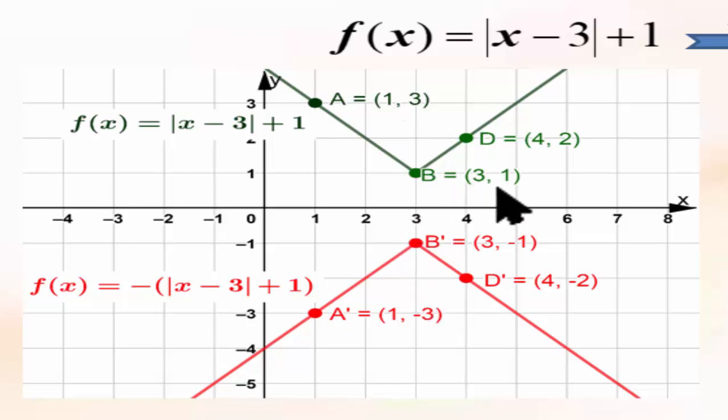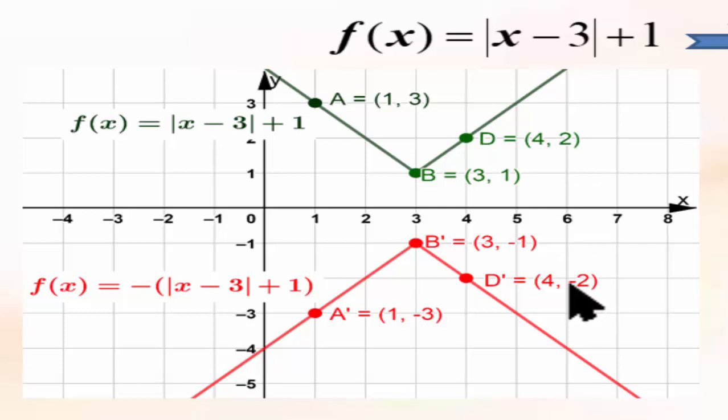And B is 3, 1. B dash is 3, minus 1. Again, the sign of y is changed. And D is 4, 2, and D dash is 4, minus 2. Again, the sign of y is changed.